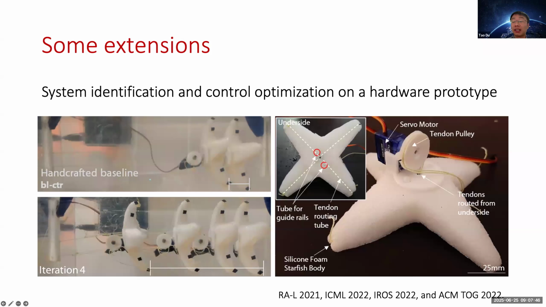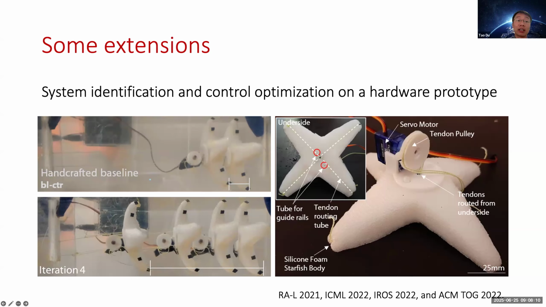Several works extended the application of our soft body differentiable simulator to real-world hardware prototypes. We have a closely related follow-up project that deploys the optimized physics and control parameters to a soft starfish robot prototype, shown in the right video.